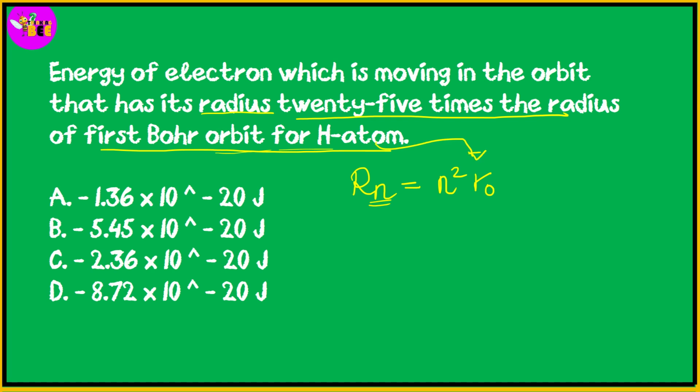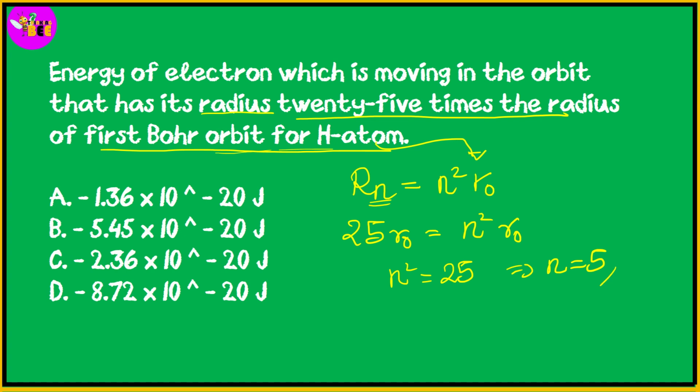Here we're given that Rn is equal to 25 times Rho. So we get 25 Rho equal to n square into Rho. Comparing both sides, we get n square is equal to 25. This gives that n is equal to 5.